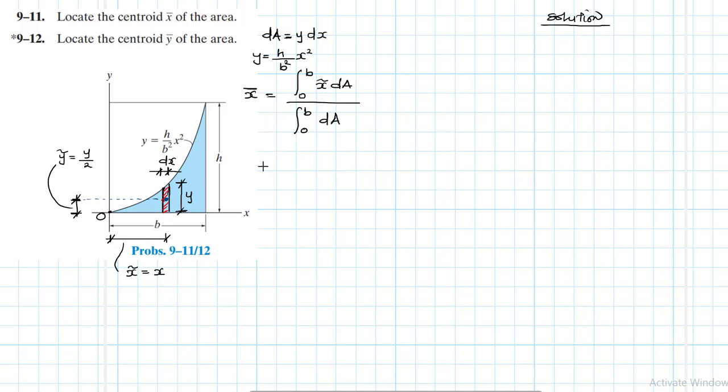Let's now replace what we've already found. The integral from 0 to b, x curled we said is just x, and dA we said is y dx, divided by the integral from 0 to b of y dx.